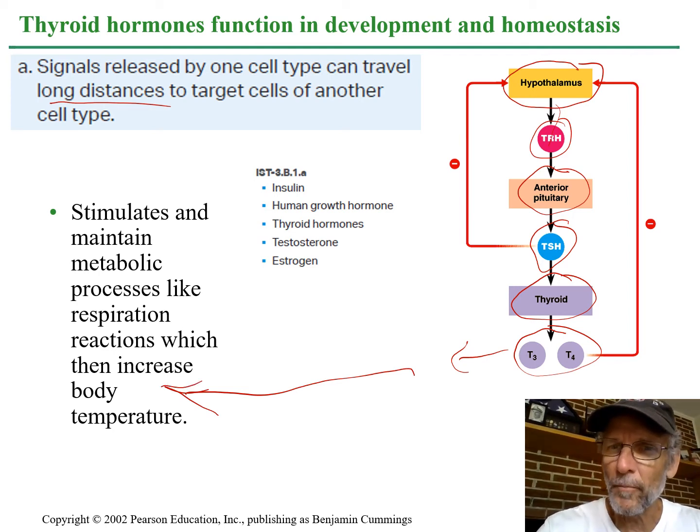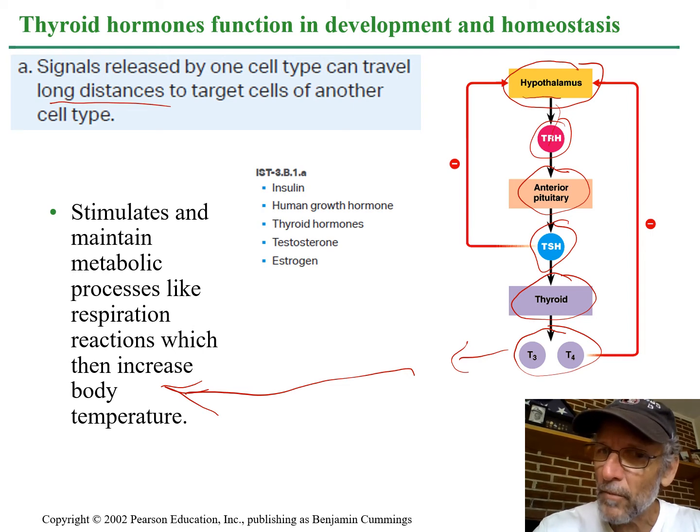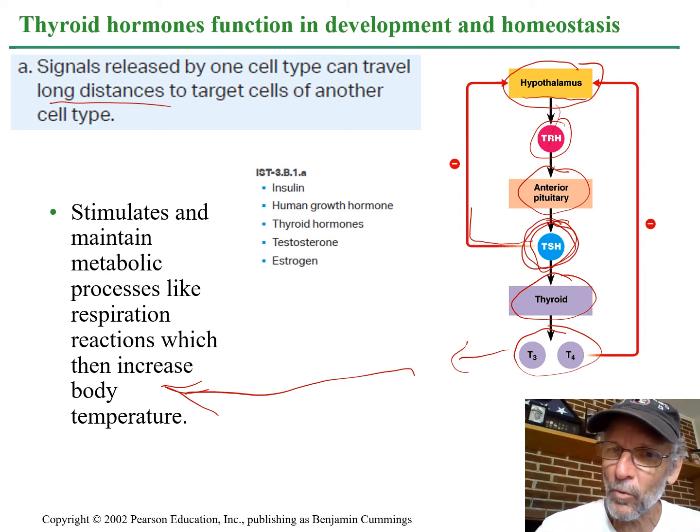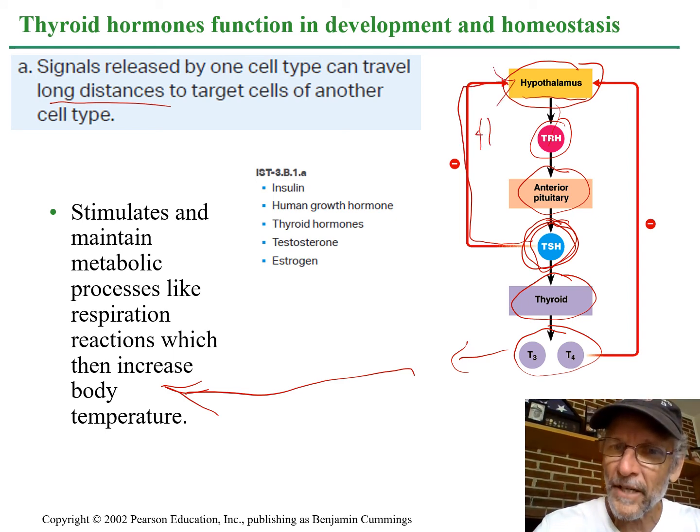What was the original message that the hypothalamus read? It was body temperature. But what's the hypothalamus also reading? It's reading the level of this chemical, which it was indirectly responsible for making. So besides measuring body heat, it's also measuring the level of one of these chemicals.